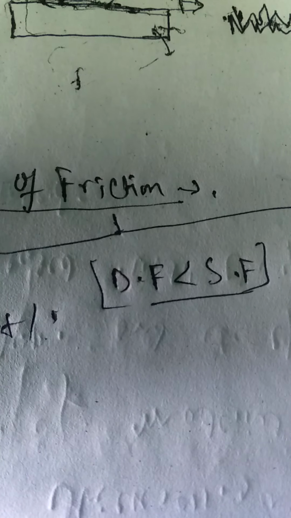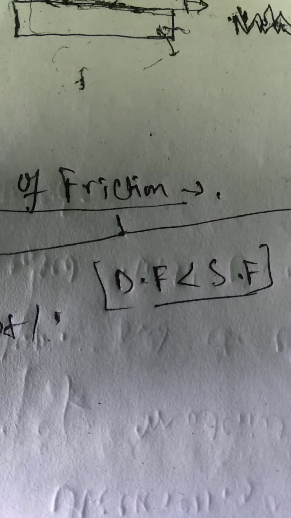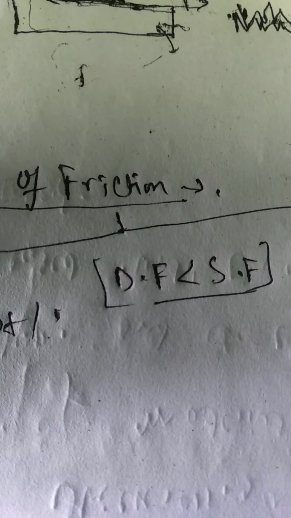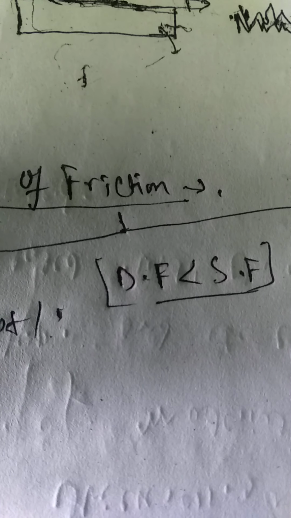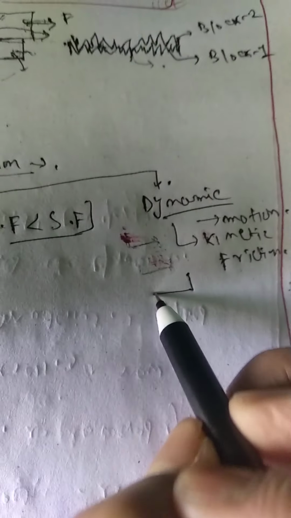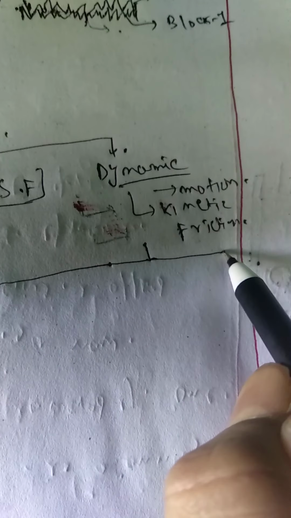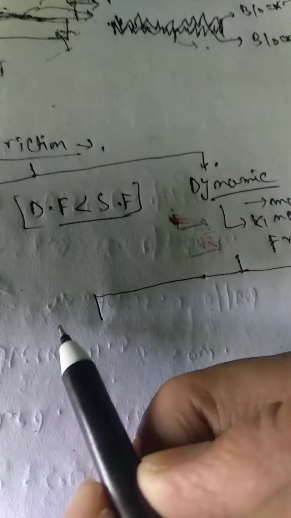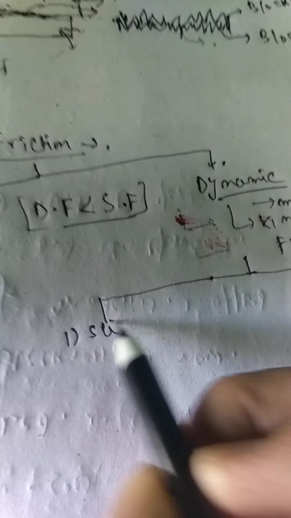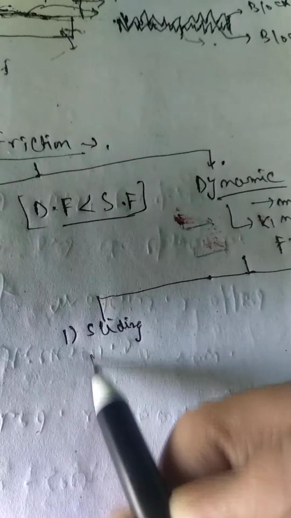Now this kinetic or dynamic friction can again be subdivided into further types. One is sliding friction, then rolling friction, and number three is pivot friction.